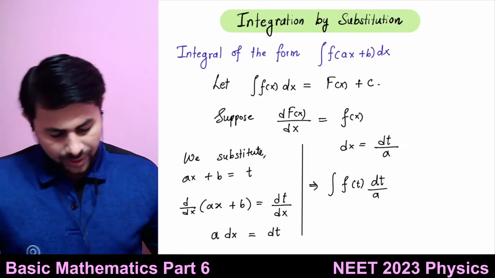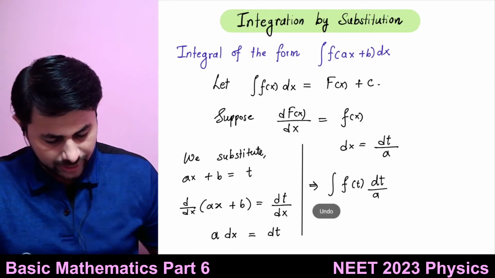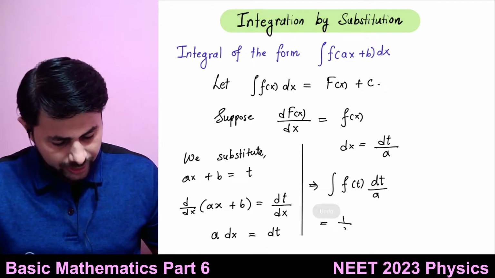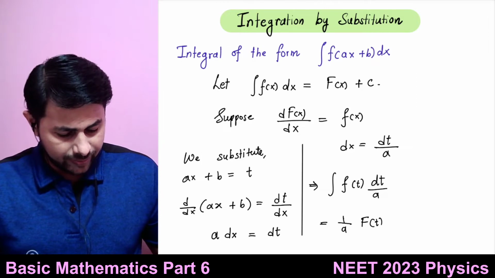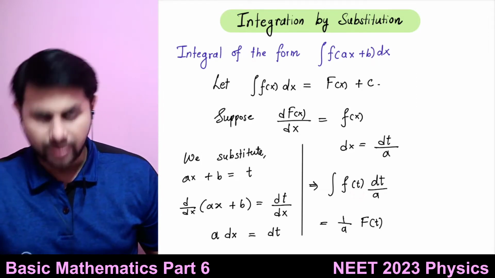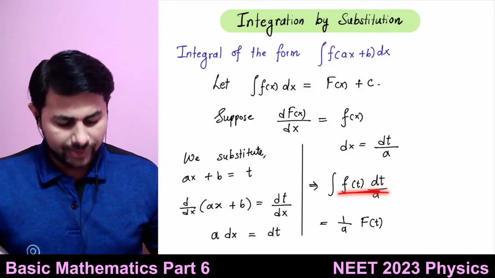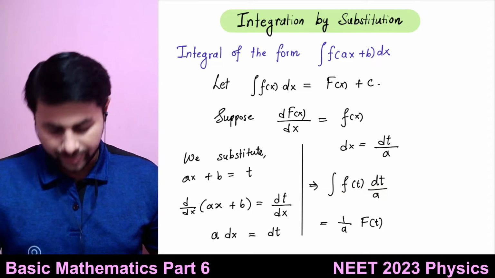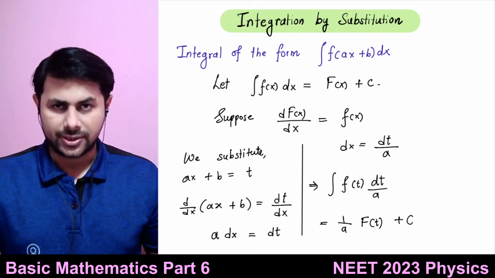So I will integrate it. This is going to be equal to 1 upon a multiplied by capital F of t, because we have t over here. I have taken 1 upon a out. The integral of small f of t dt is capital F of t, plus we have the integration constant.